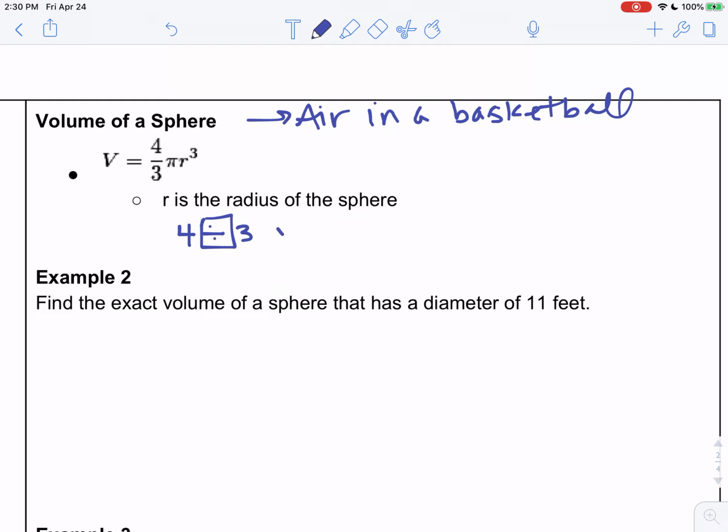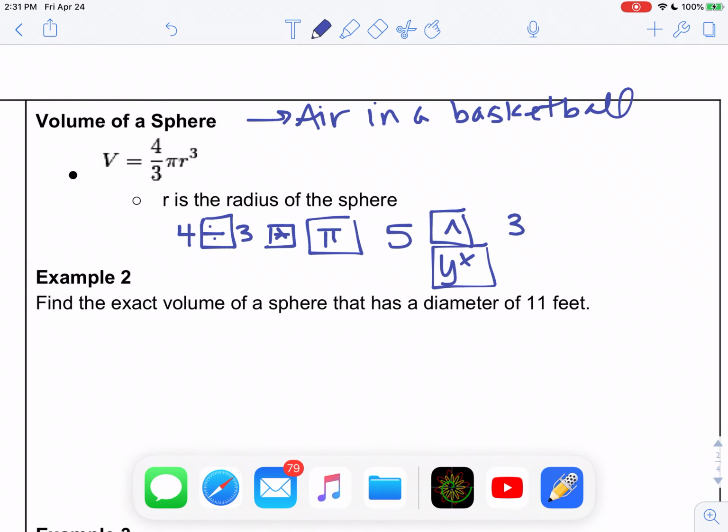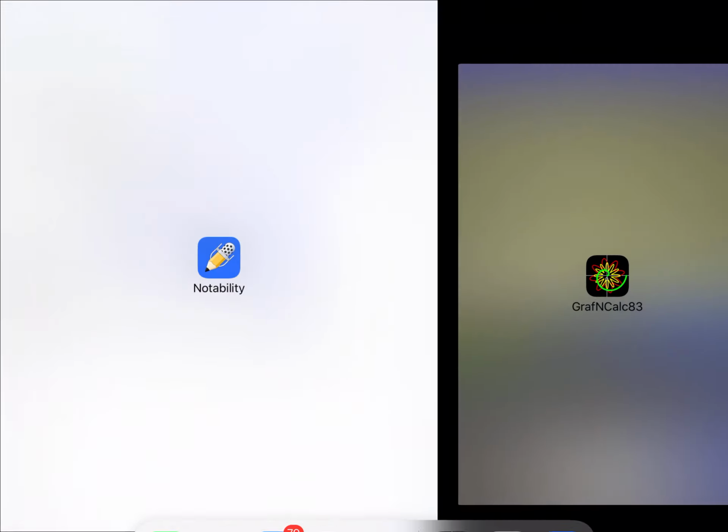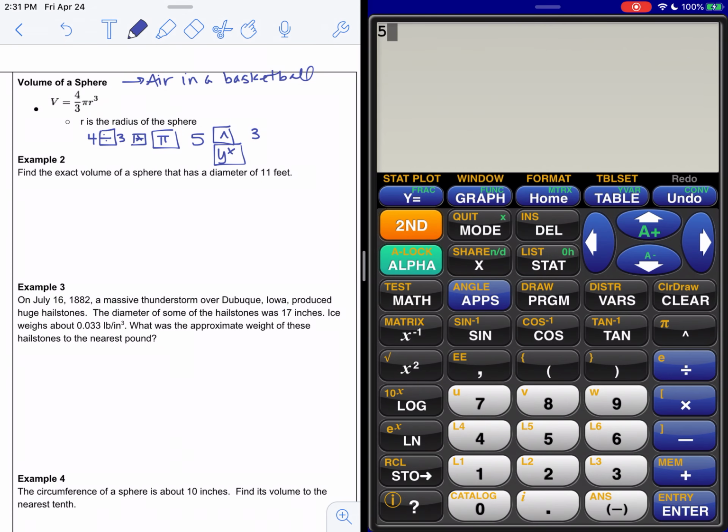On your calculator, there's also a pi key, which we've been dealing with a lot. And if I want r to the power of 3, let's say my radius is 5, on your calculator you might have a little caret key, or you might have the y to the x key, or in the Graph and Calc app, 5 to the power of 3. So that's how we can take care of that.